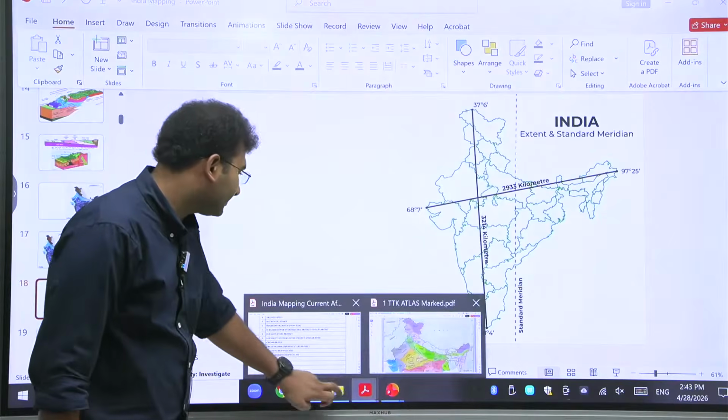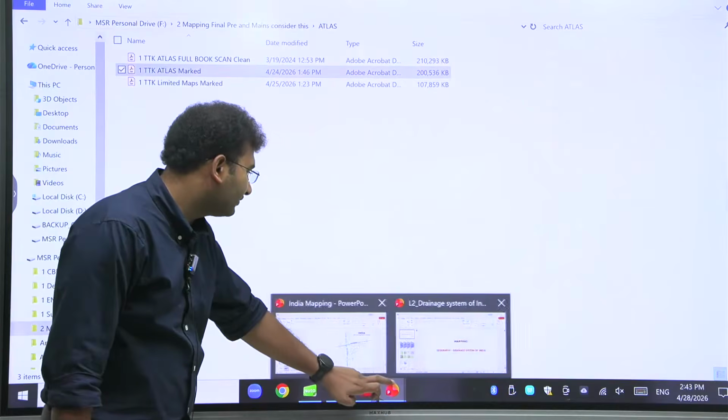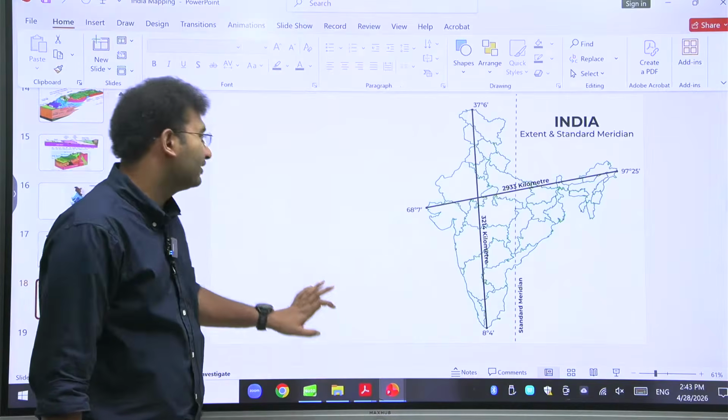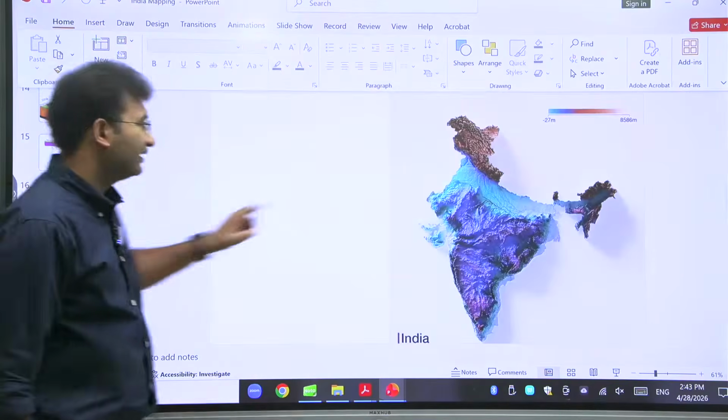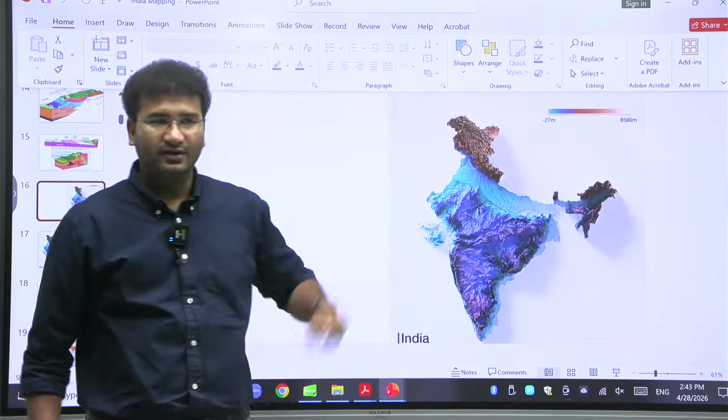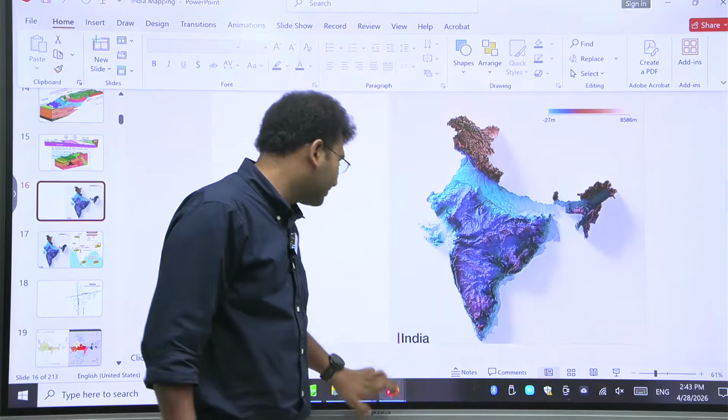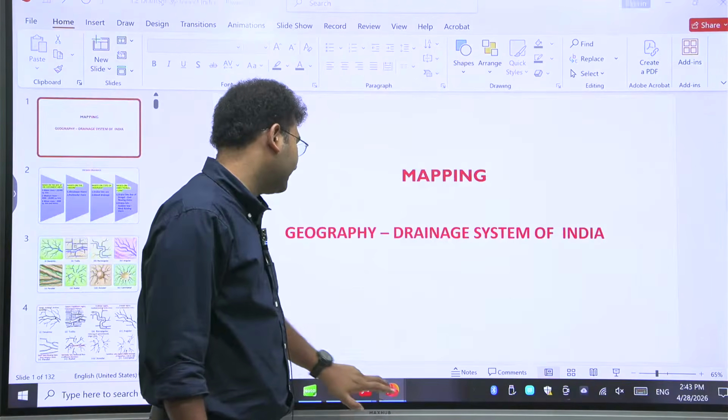So first, let me tell you what we are going to learn. We are going to learn about the topography. We'll learn about the complete topography of India, including its physiographic regions. In a very quick manner, I'll be dealing with that.